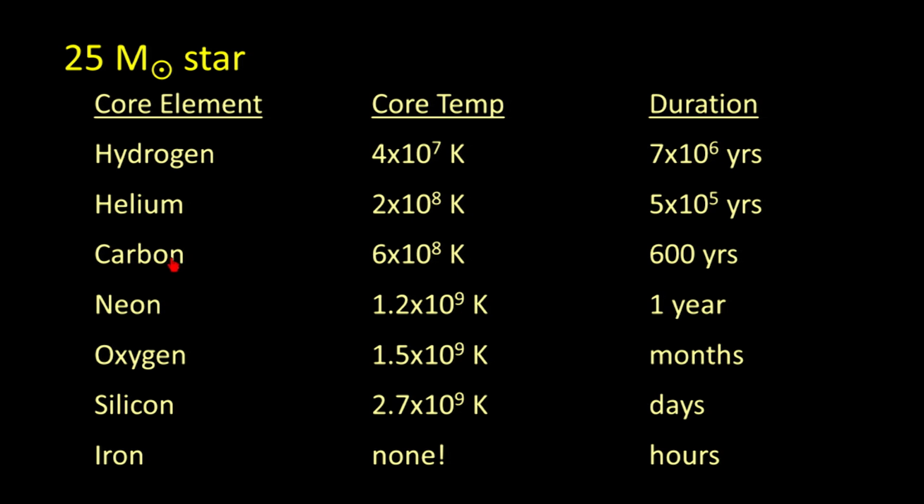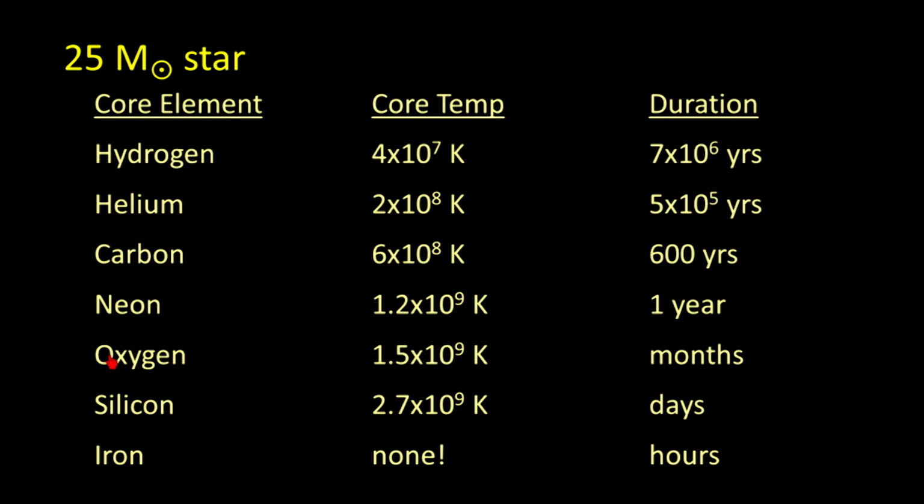Now, once the carbon at the core develops, carbon will also fuse, but it requires a higher temperature. This star will reach a core temperature of 600 million kelvins, and for an additional 600 years, this core will continue to fuse the carbon into neon. Neon will fuse. When neon fuses, it becomes oxygen.